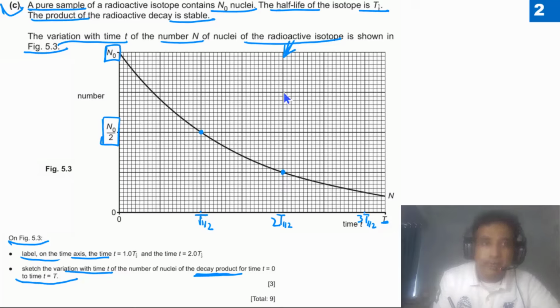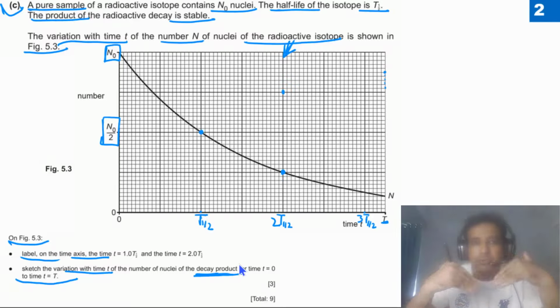So we will have 75% of the decay product, and again it becomes half, so it will be halfway here. So 1, 2, 3, 4, 5 here. Now we simply need to connect these dots and curve for the decay product.